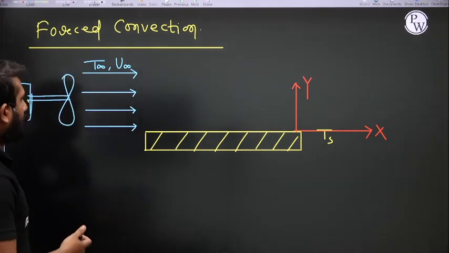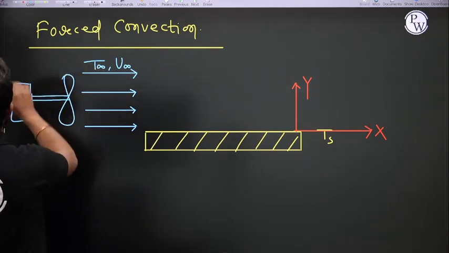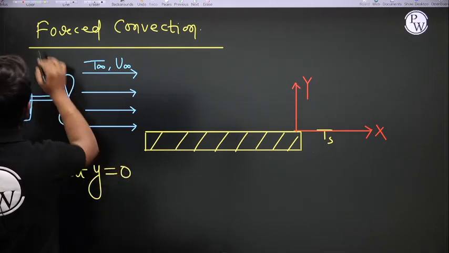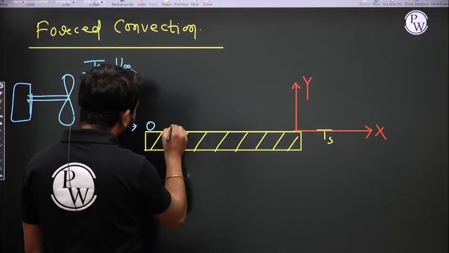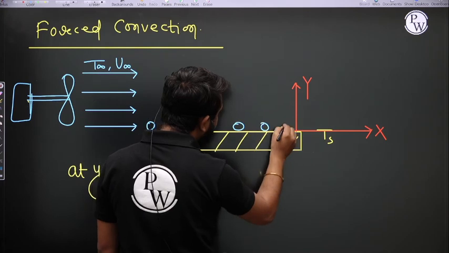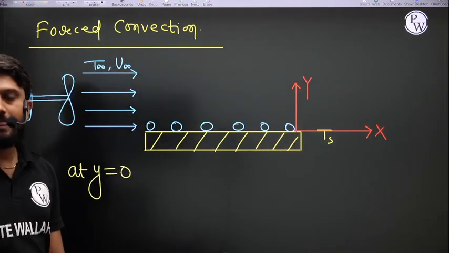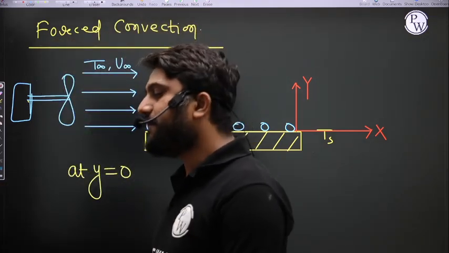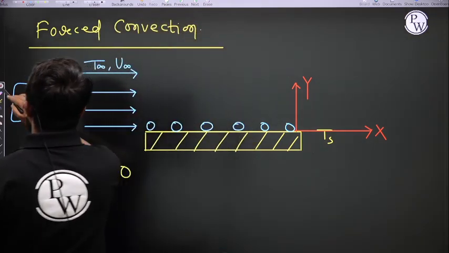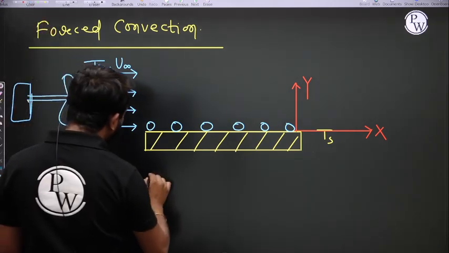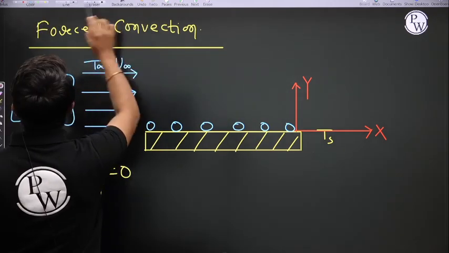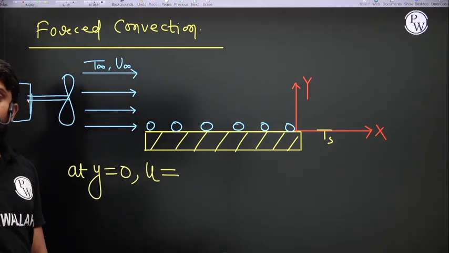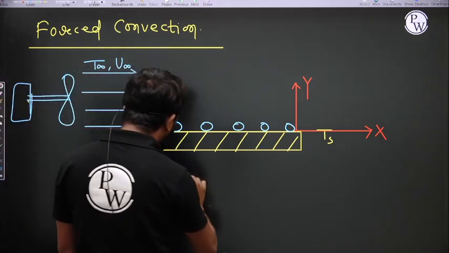Now see here, if you are observing at y is equal to 0, please try to understand this logic. At y is equal to 0, what happened? And that is experimentally observed. At y is equal to 0, the velocity of the fluid is the same as the velocity of the plate.